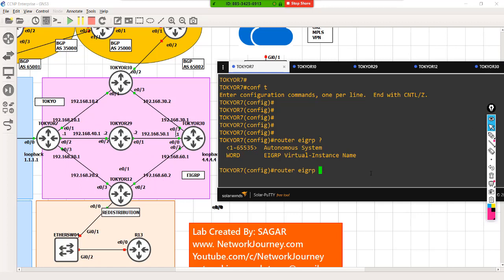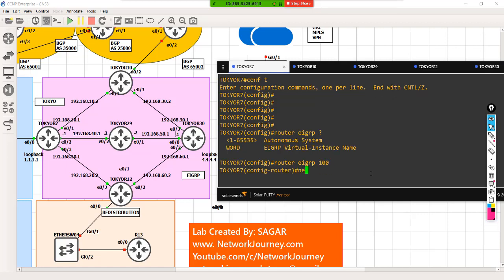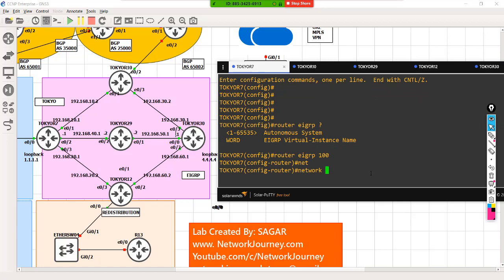In this case, let's go with autonomous system 100. As we know, to advertise any network, I can make use of the network command and advertise these networks, that is 192.168.10.0 and whatever wildcard mask.